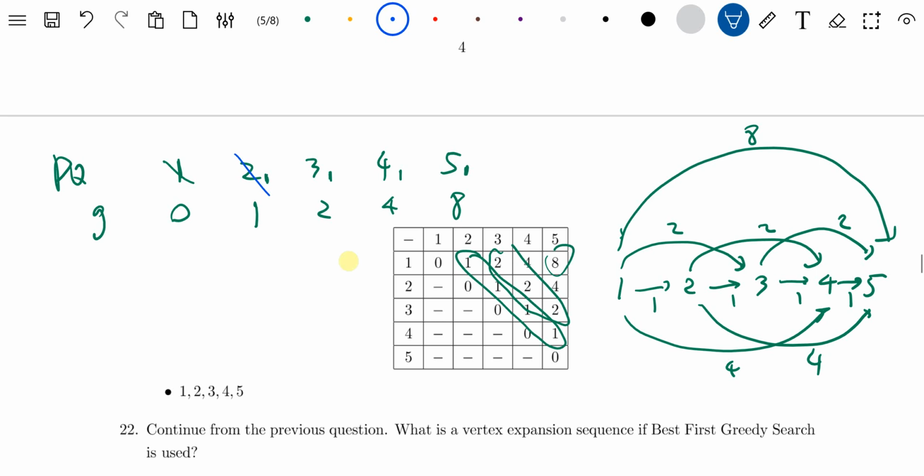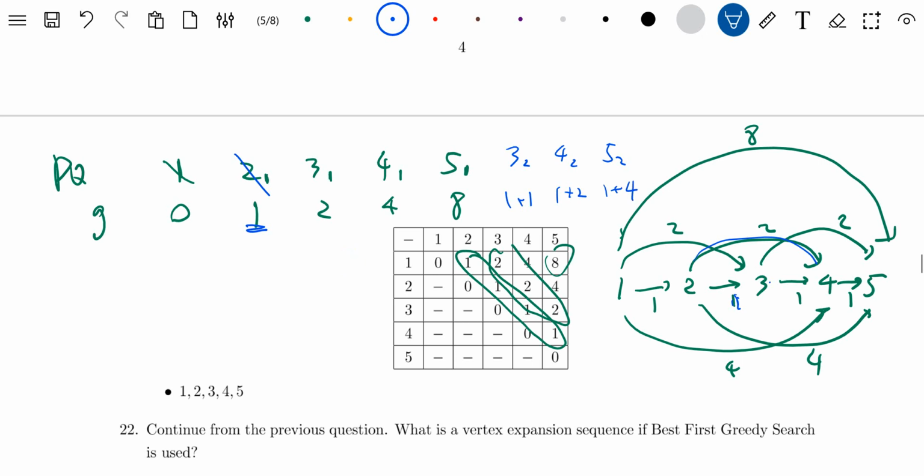Let's actually write them here. So 3 from 2, 4 from 2, and 5 from 2. 3 from 2 is 1 plus whatever this number is, so 1 plus 1. 4 from 2 is 2, so 1 plus 2. 5 from 2 is 1 plus 4.